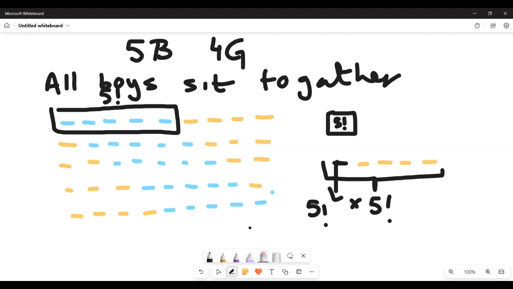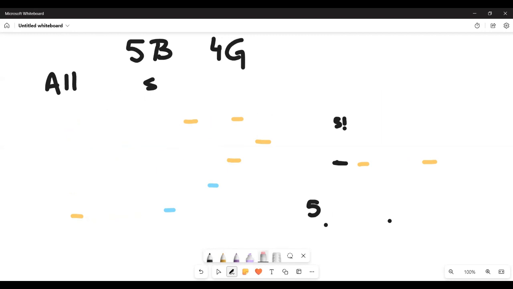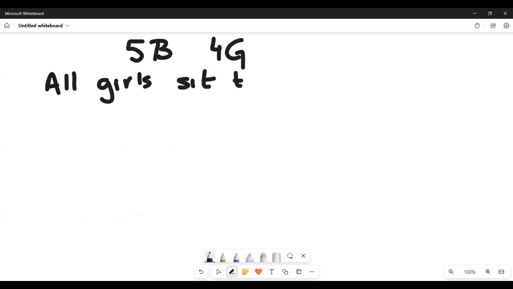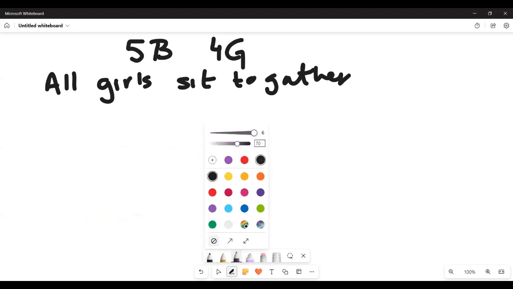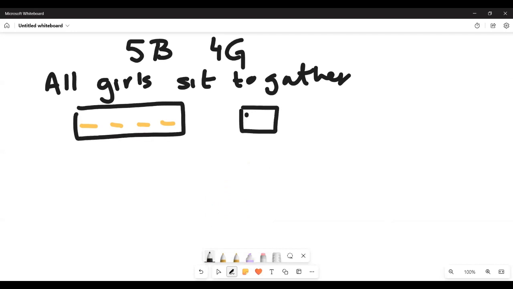Now I'm changing the question to all girls sit together. So let's make a group. The girls, 1, 2, 3, 4, we're going to make this a group, and this group has 4 factorial possible arrangements.